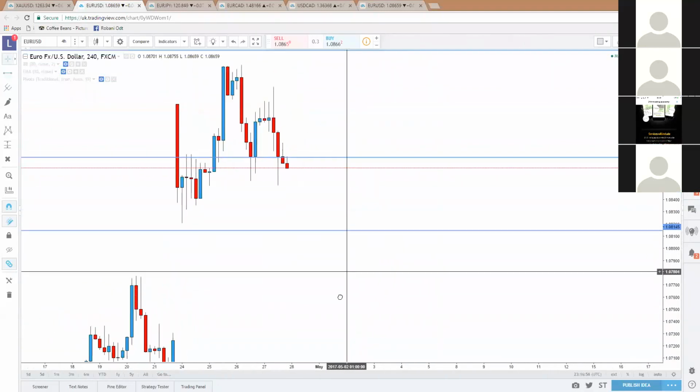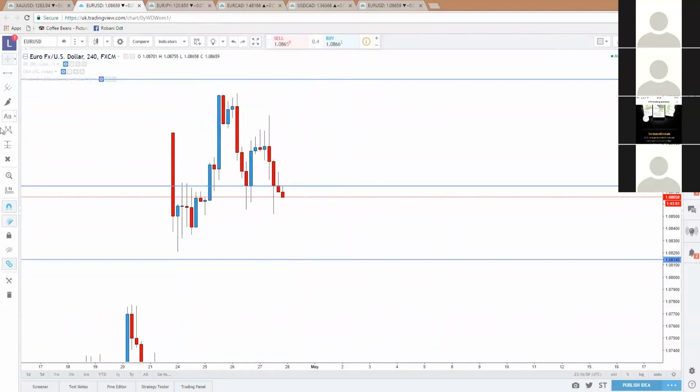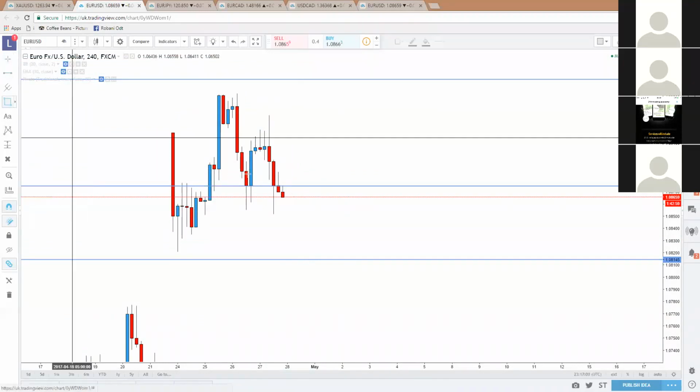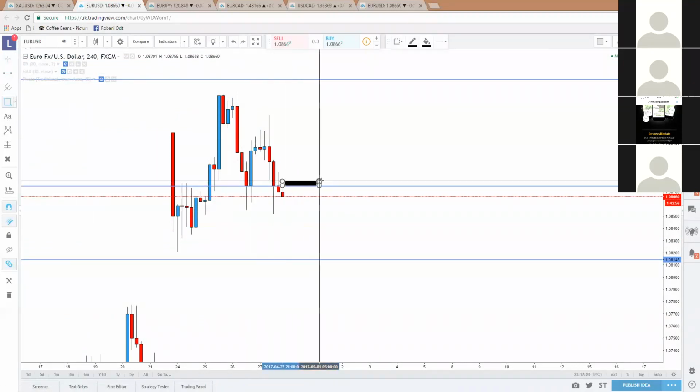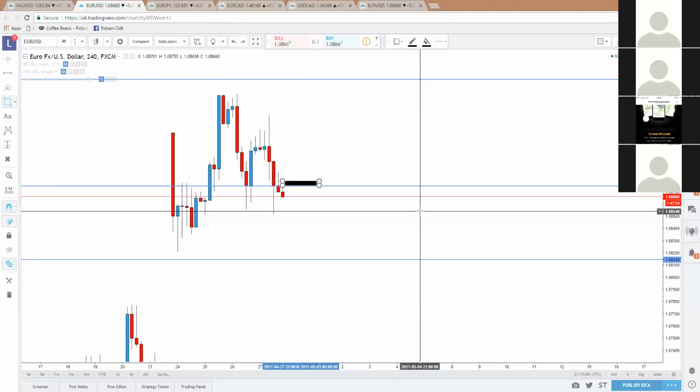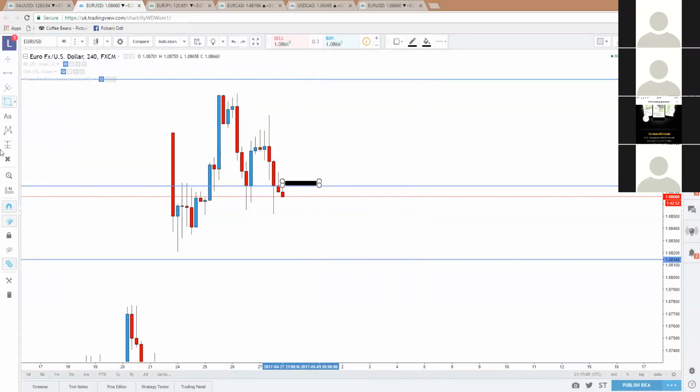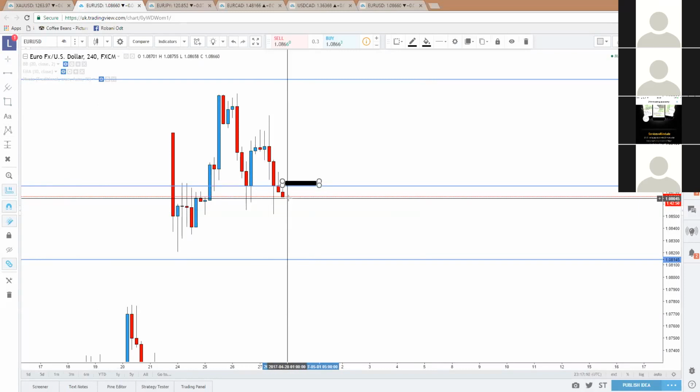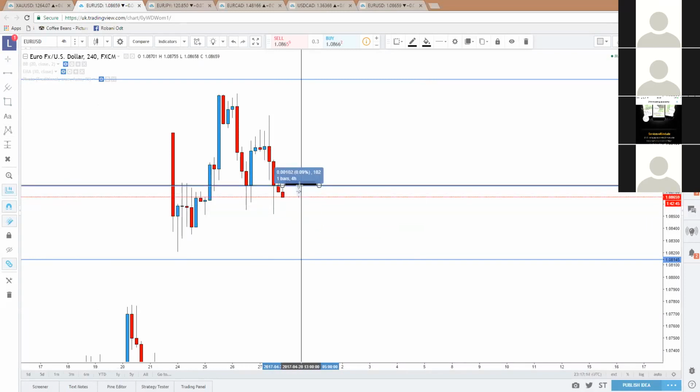And I would put my buy order right here in this zone. Say it was Friday 8:30, literally here, which is 15 pips above the closing price.